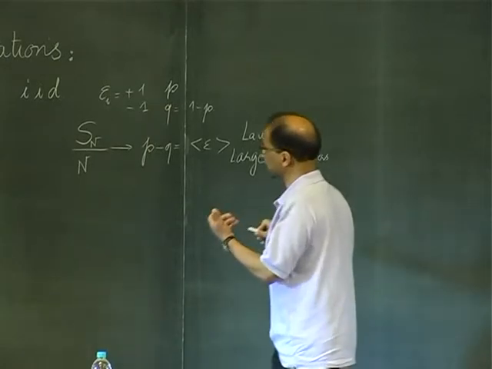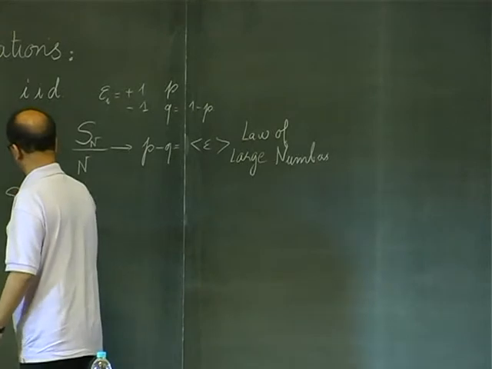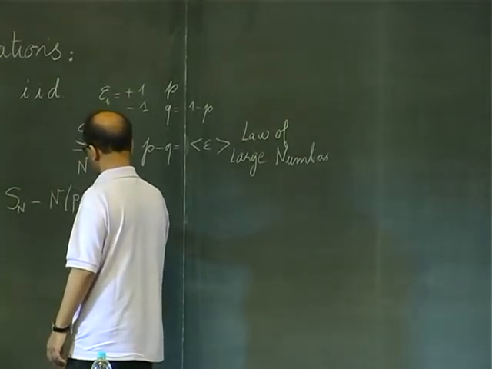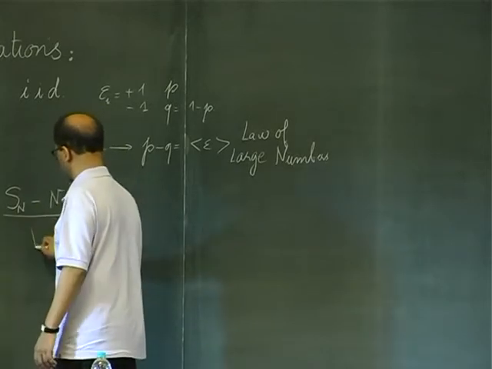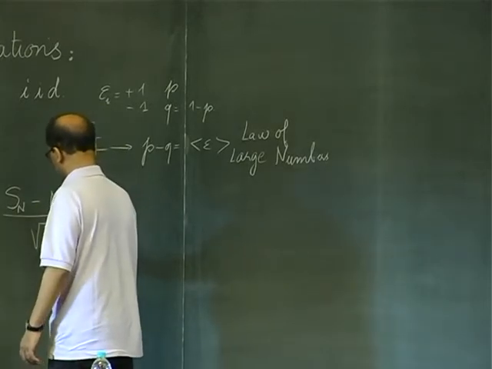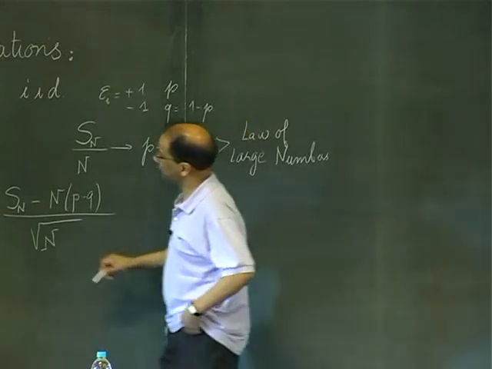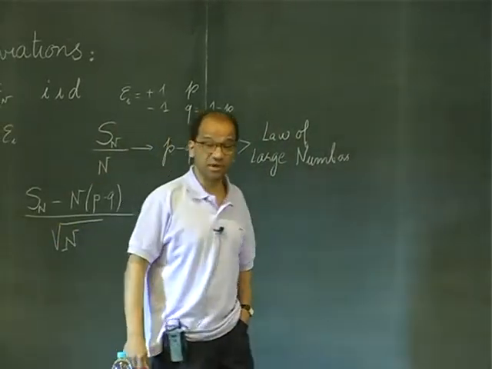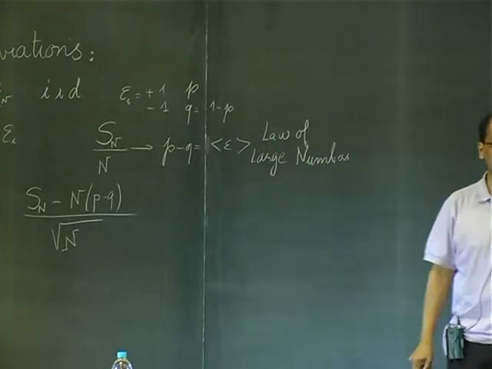But you can refine it. You can say, okay, I will subtract the average value. But now I have to scale by square root of n. That you can easily, in fact, compute even the variance of Sn, because it's just the sum of the variances of all the epsilons. The variance of epsilon is 4pq.